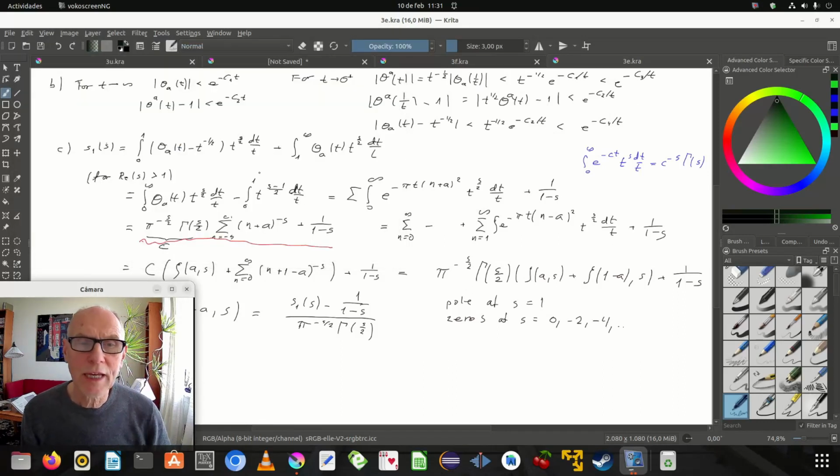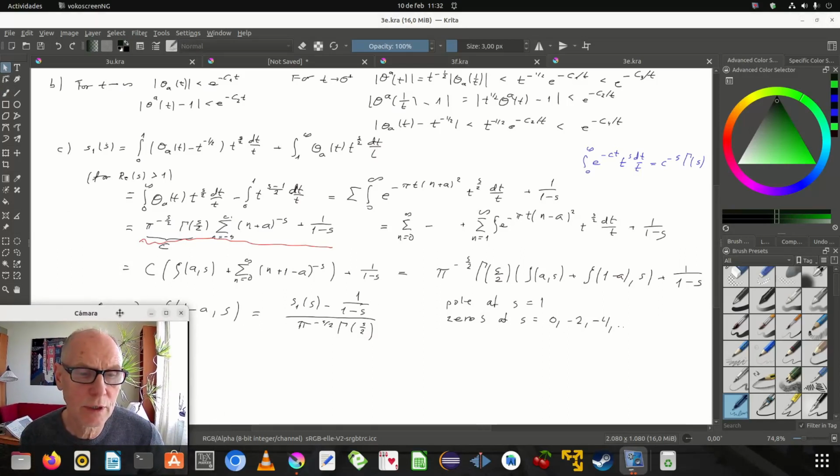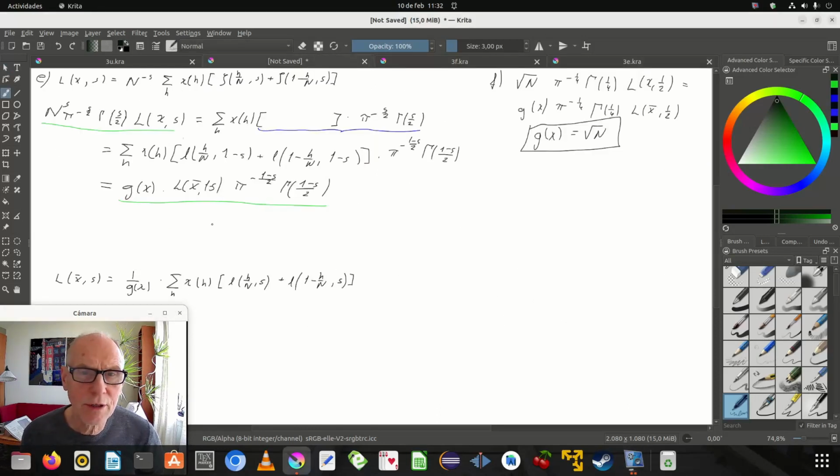So I found the page where I concluded the zeros of this sum with the zeta functions, and that was at 0, -2, -4, etc. And that means the zeta function here in this formula have zeros at 0, -2, -4, etc., which is inherited by L then.